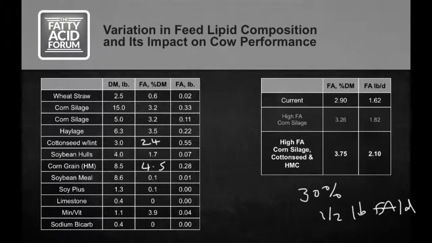So just by having some slight differences in the concentration of fatty acid in some of these key feed ingredients, it can have quite big differences in the overall fatty acid intake that we may not account for if we do not have accurate data on fatty acid concentration of these ingredients.